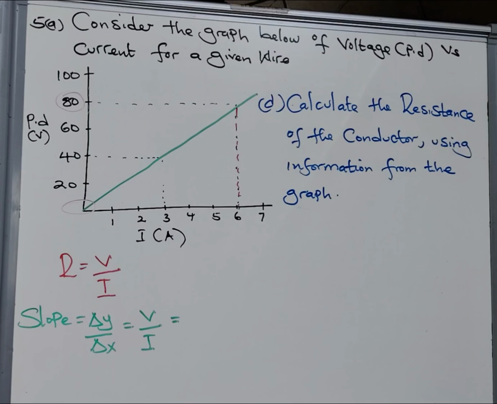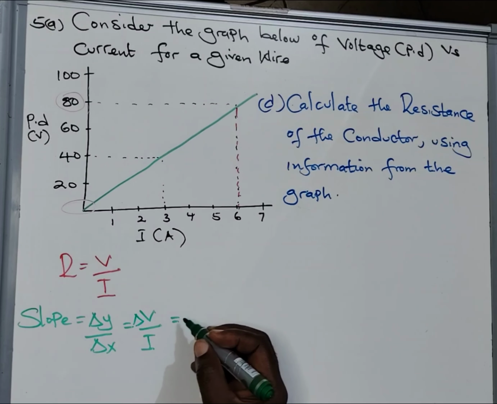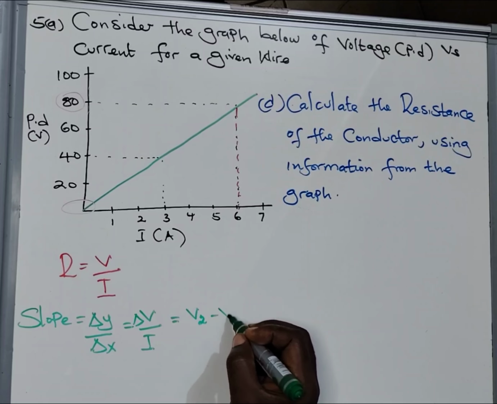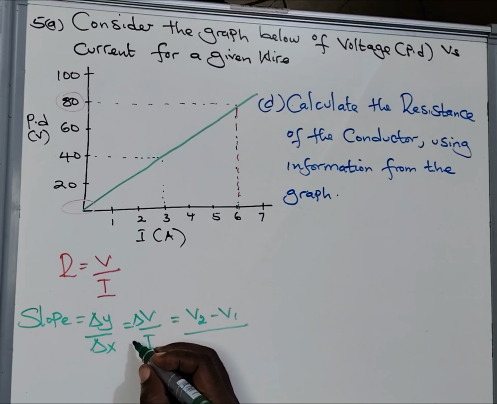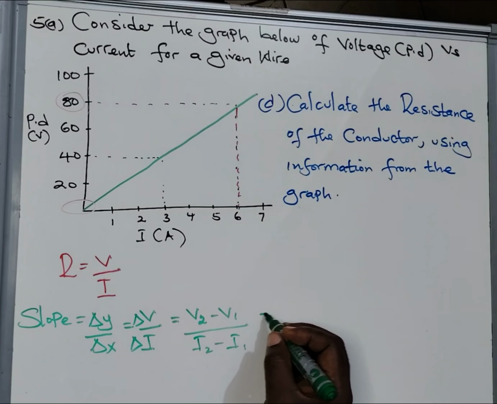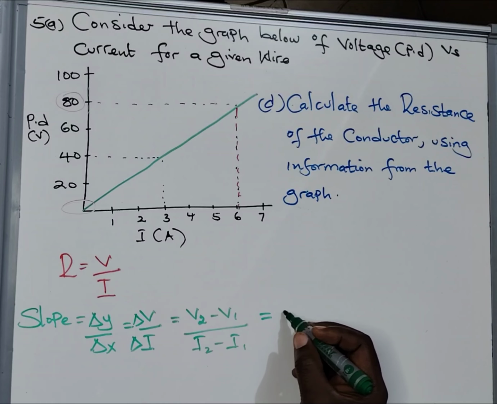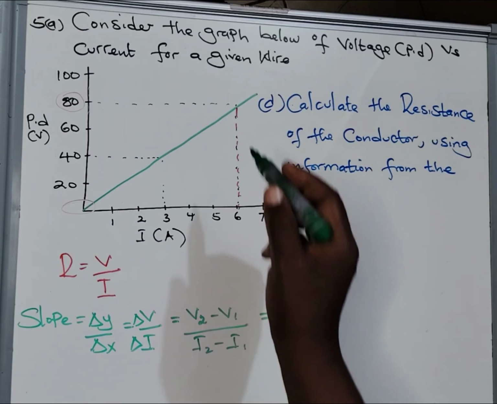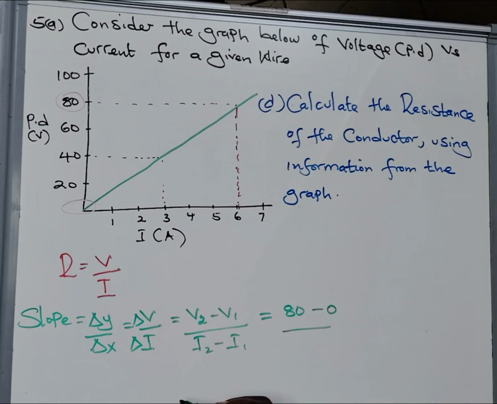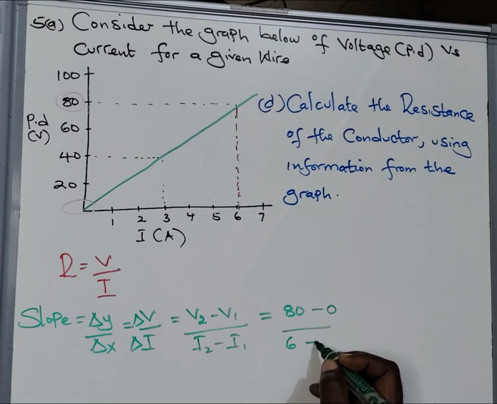So change in y is V2 minus V1, and change in current is I2 minus I1. V2 is 80 from the triangle I've chosen, minus 0, and I2 is 6 minus 0.